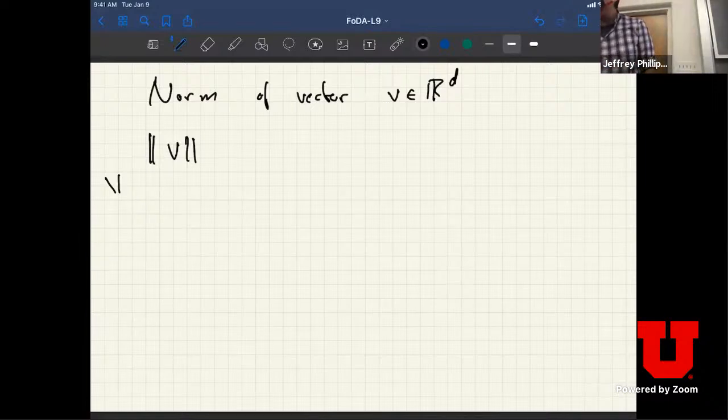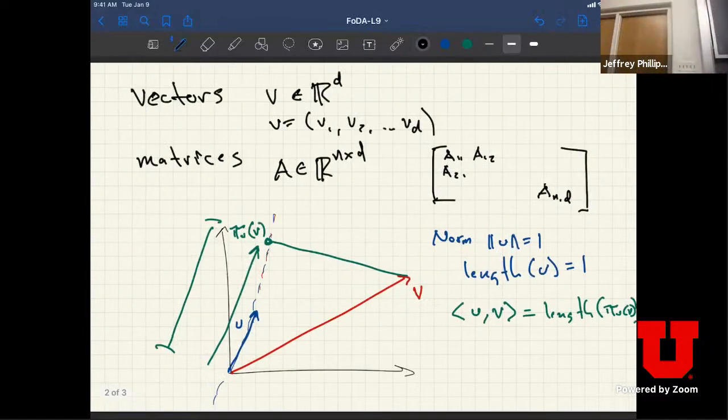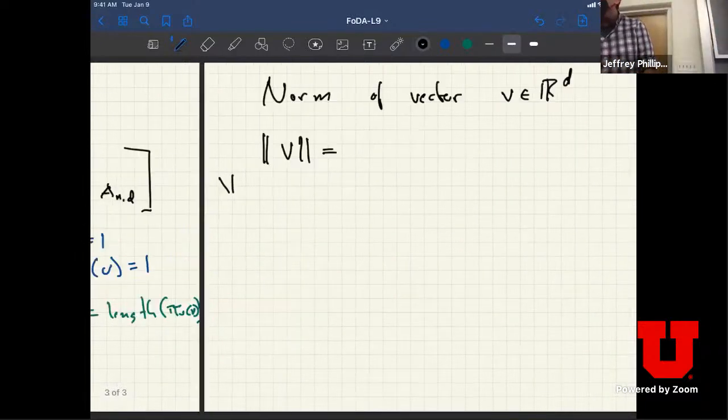This is defined, and it measures the straight line distance. In this picture back over here, where I measure the distance of this and say this distance is 1, I really mean: if I have a piece of string and I put one end on one end of the vector and the other end on the other end, how long is that string? It's that straight line distance that I'm measuring here.